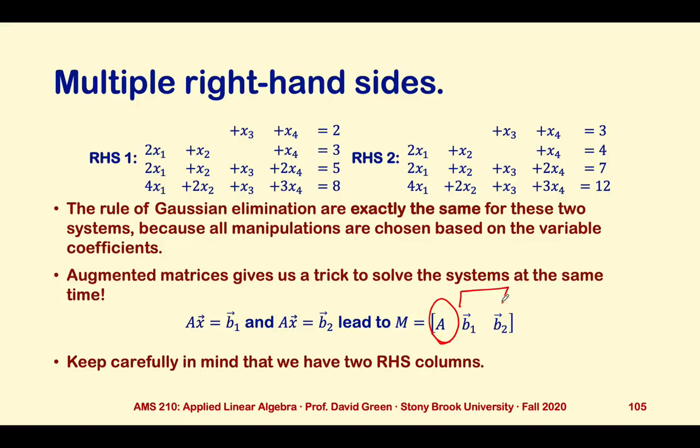Our process of going through Gaussian elimination is going to be exactly the same. Just remember that the last two columns are two different right-hand sides, as this will be important in interpretation of the results.